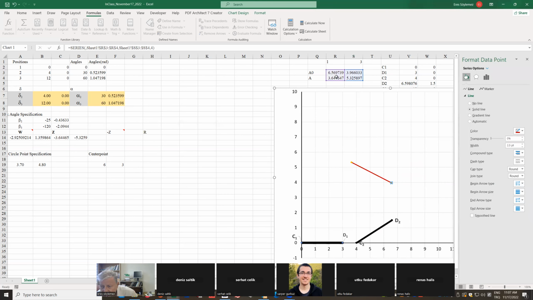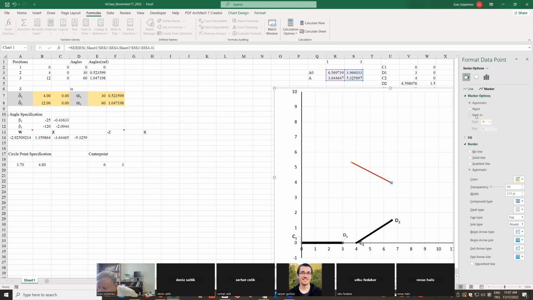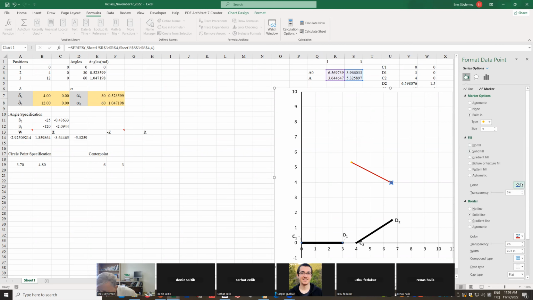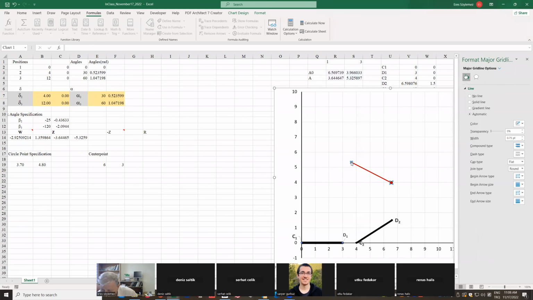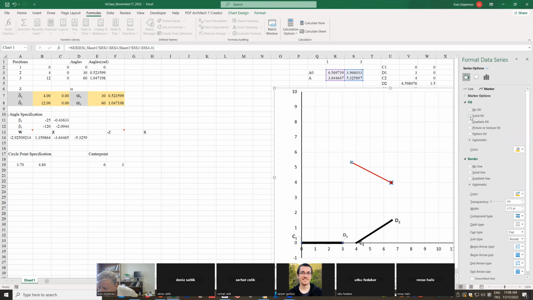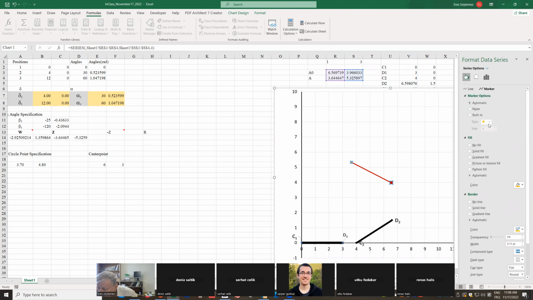Now, A0 is 6, 3, so this is A0. That's fixed. This is A. No fill. Dotted line.